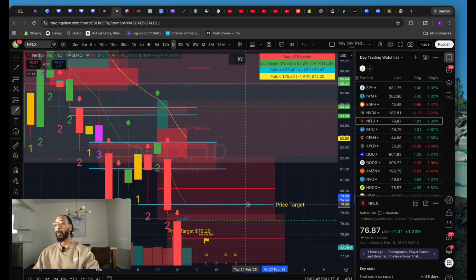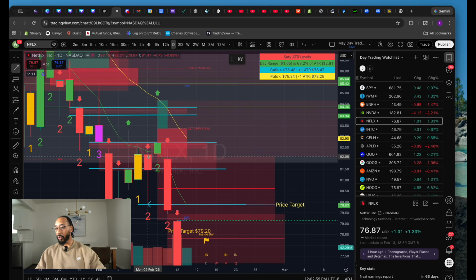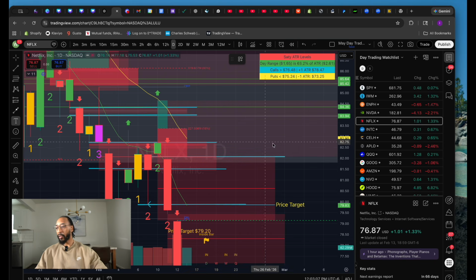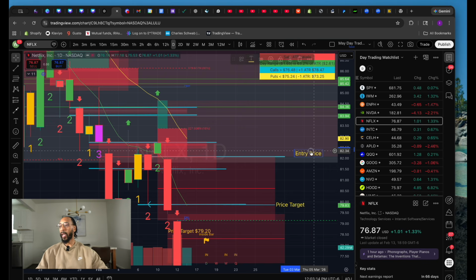Right there. Okay? That's your price target. Your entry price or your entry on the trade was 82.08. Okay? These two blue lines. Entry price. All right, 82.08.